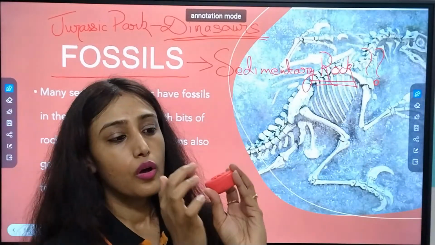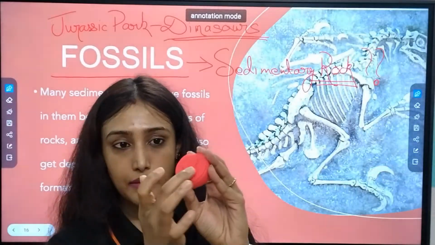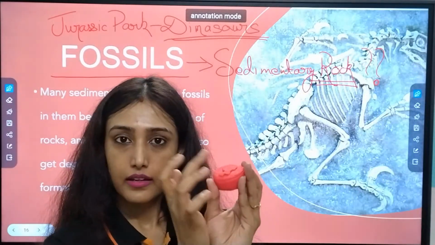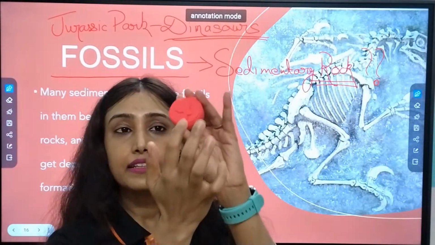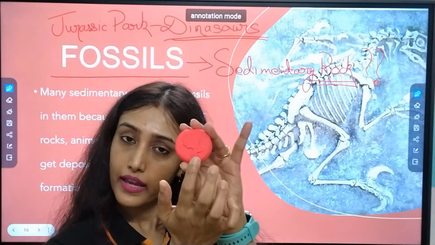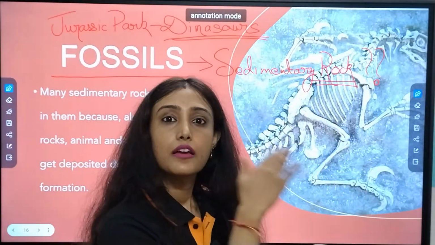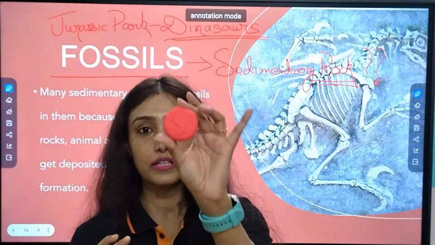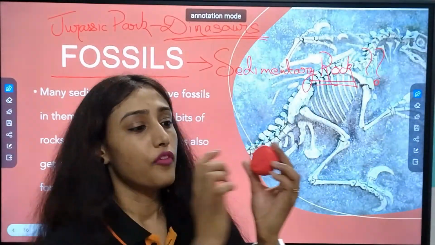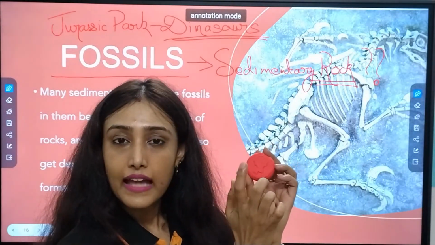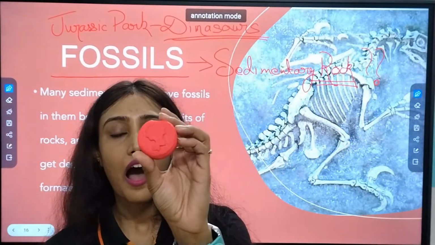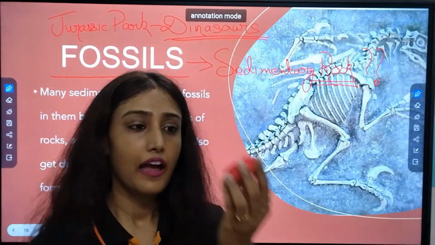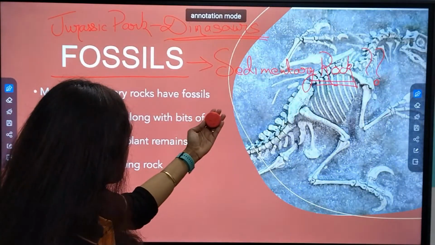So a leaf or an animal died over here, and that impression remains. And even as it is transformed into rock, just like the modeling clay, the fossil will remain intact in it. This is how fossils are formed. I hope you have understood.